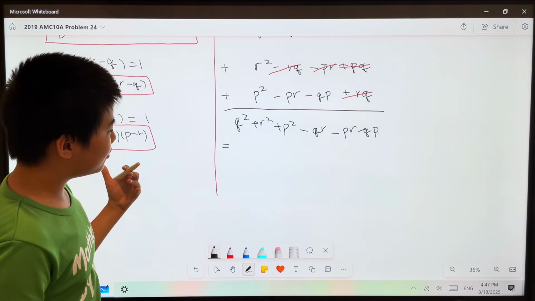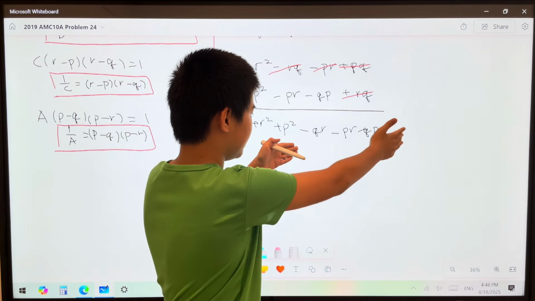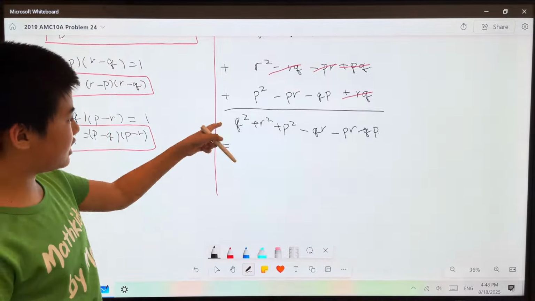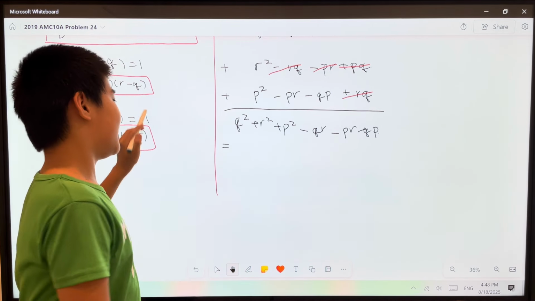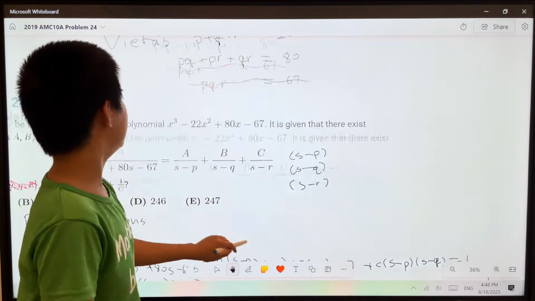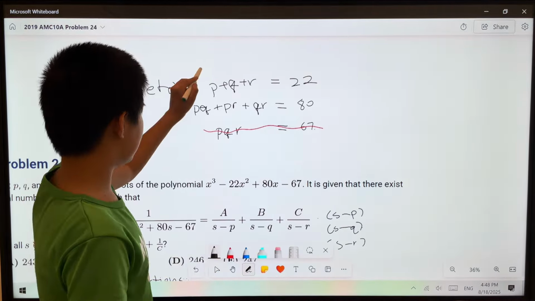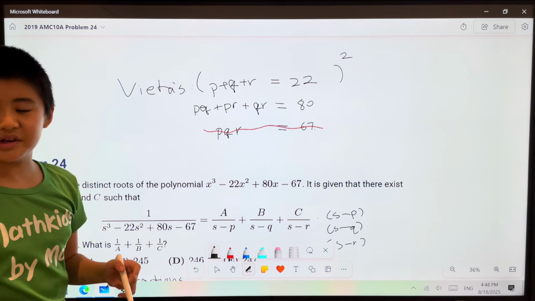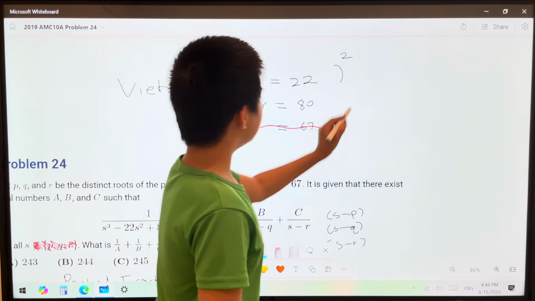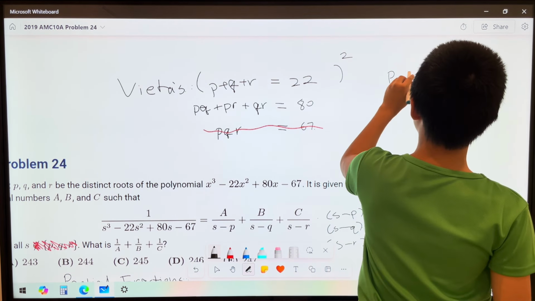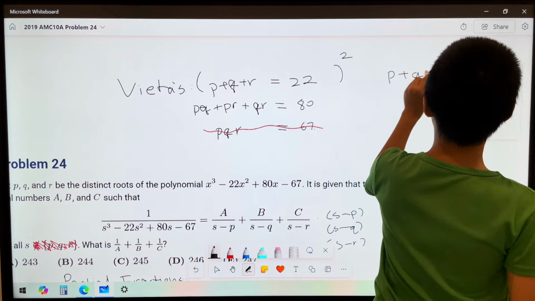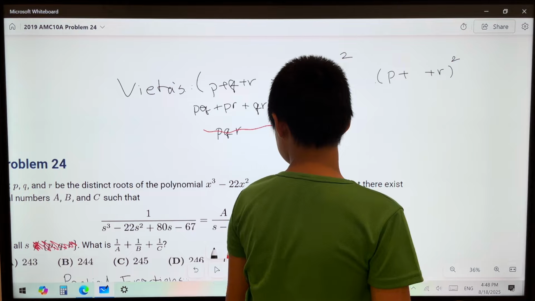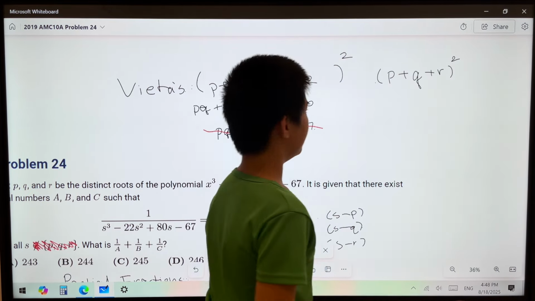Okay, so why can't we use this directly? Well, first of all, this really is just minus 80, right? However, we still have this q squared, r squared, p squared. And you can't just take this squared and say that's p squared, q squared, r squared, because you get a whole bunch of other terms. However, that is good thinking, because you could still use something like p plus q plus r, squared.